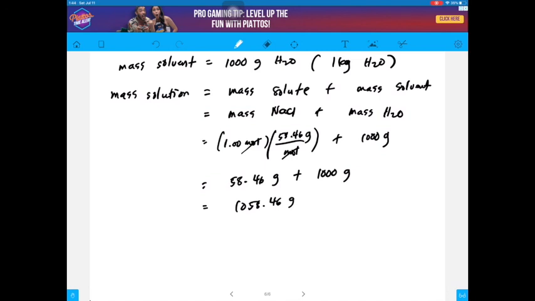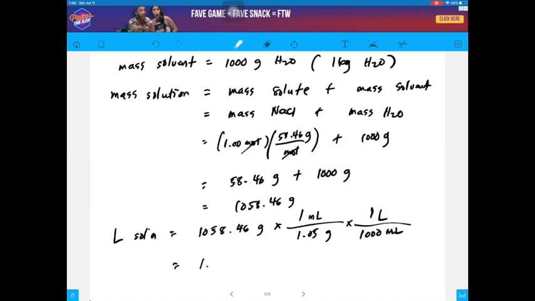Next, we would like to find the volume of the solution using the density of the solution. So what we have is the mass of the solution, and we shall be using the density of the solution to convert it to liters of solution. The volume of the solution is now 1.01 liters.